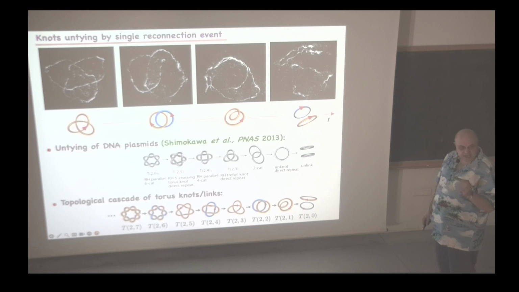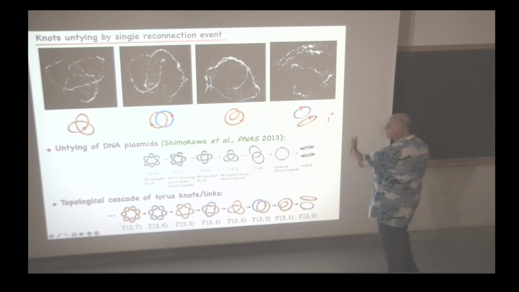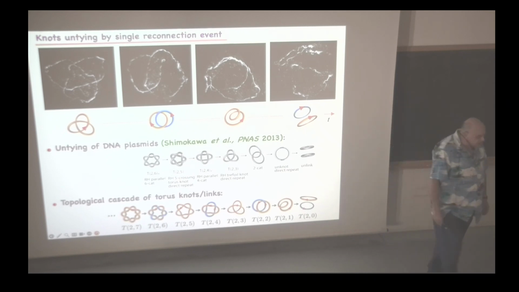Two colors, a link, one color, a knot. Now, this process was discussed experimentally in 2013, and in the same year, actually a little bit earlier, I was informed about this remarkable experiment done at the DNA level.